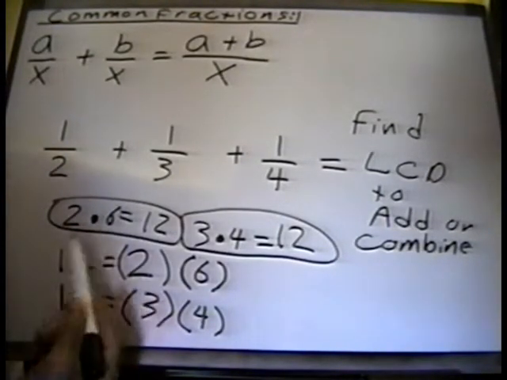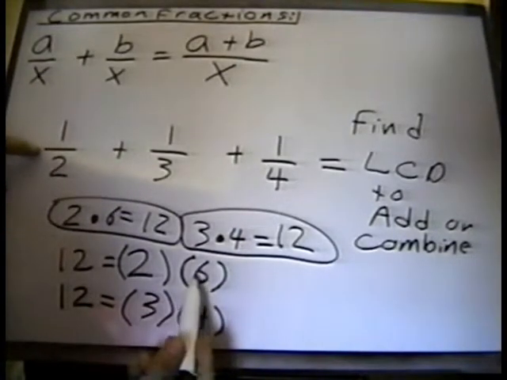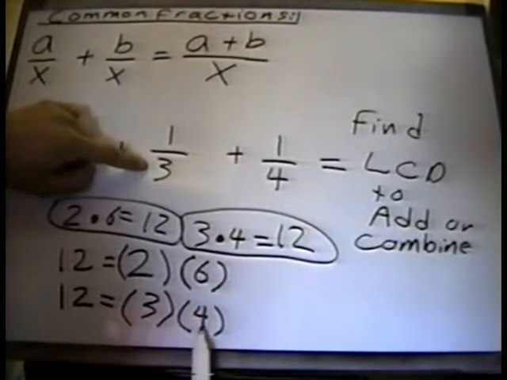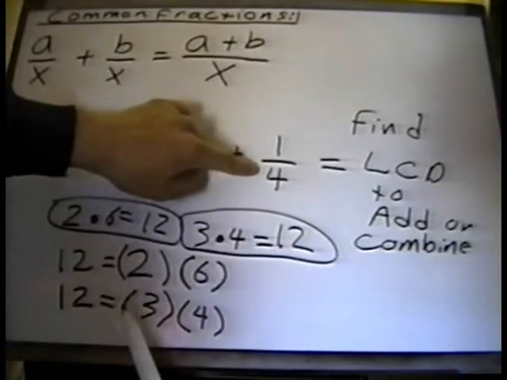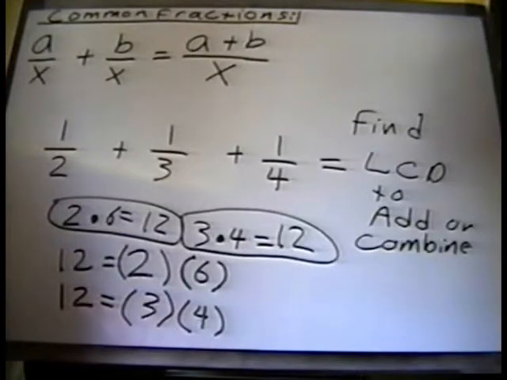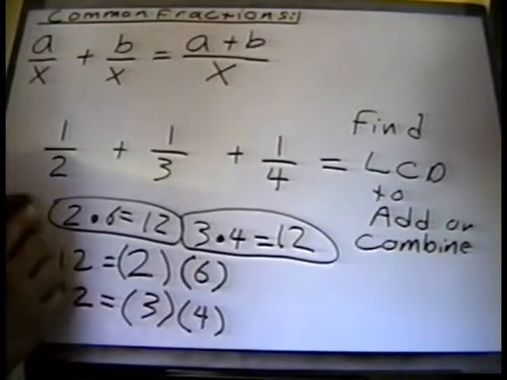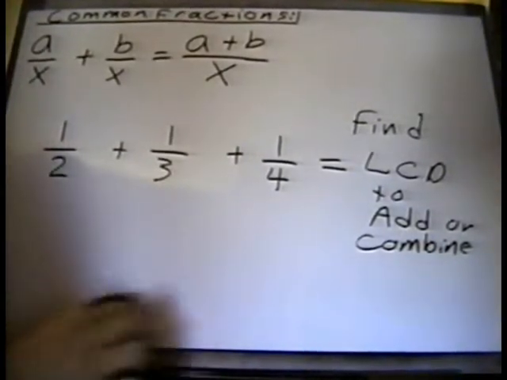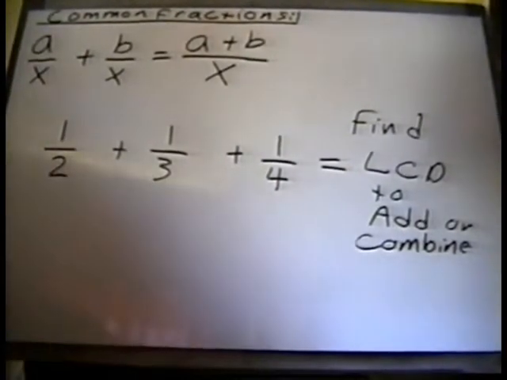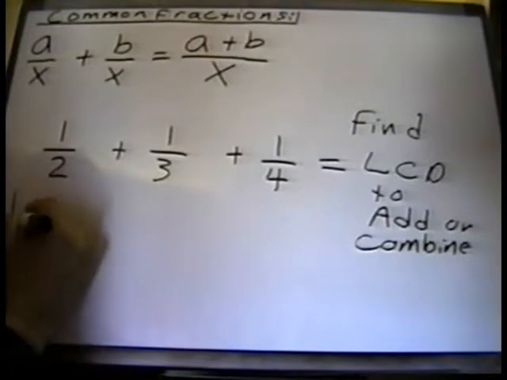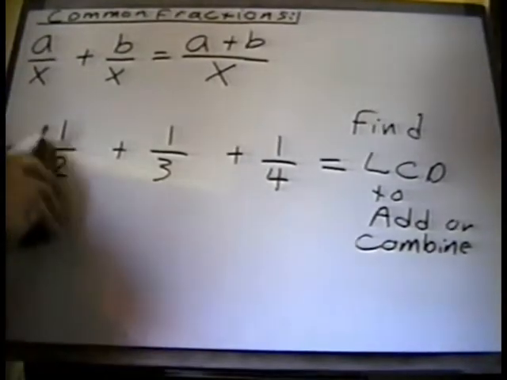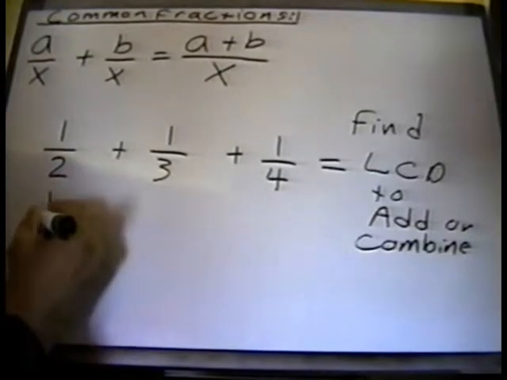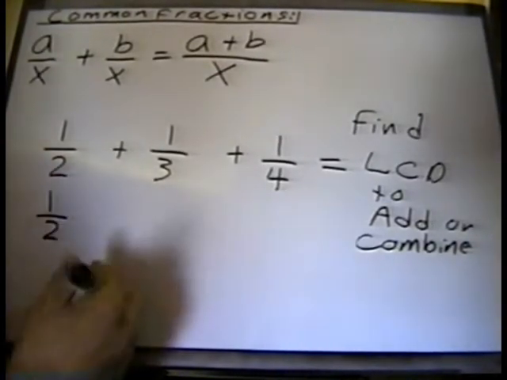So here we're going to multiply 1/2 by 6 over 6. Then we're going to multiply 1/3 by 4 over 4. We're going to multiply 1/4 by 3 over 3. So here we multiply each by a number that will cause it to become the denominator of 12.